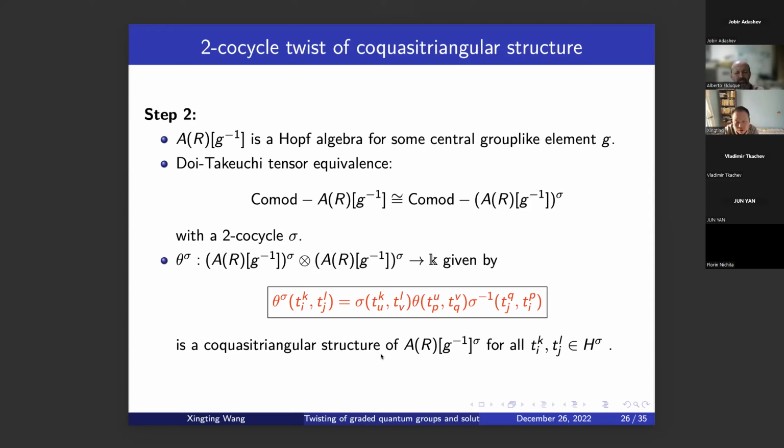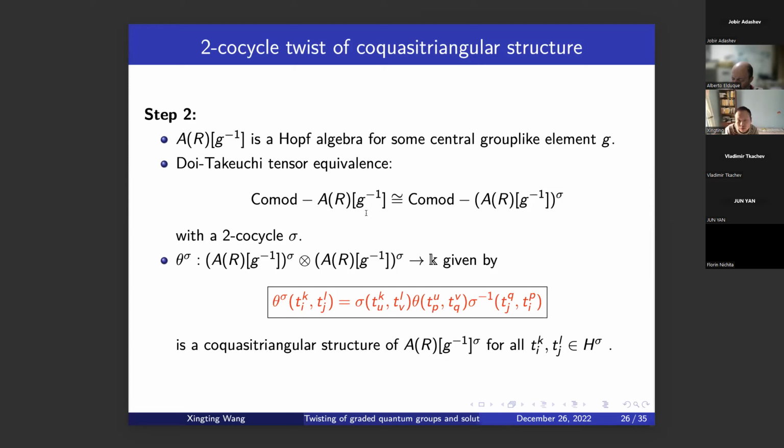By this formula. And as I said, the braid equation is almost the same as the quantum Yang-Baxter equation, so having a braided structure is almost the same as having a solution of the quantum Yang-Baxter equation. The idea is that the original quantum Yang-Baxter solution lives in the comodule category on the left side.